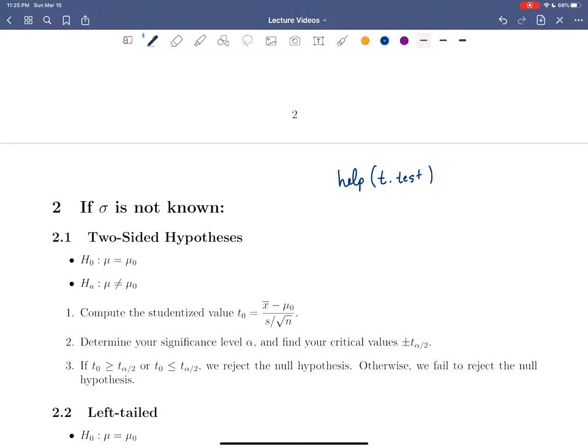Just as a warning, the t.test function is really built not for talking about a single population mean, but for comparing two populations, right? Do this population and the other population have the same mean or not? If you're talking about Republicans and Democrats, or people in college versus people in high school, you're comparing two different populations and you want to know whether their means are the same or not, that's really what this test is for.